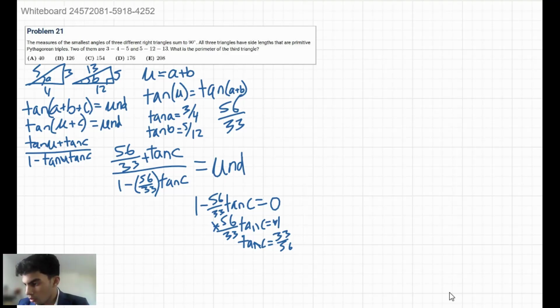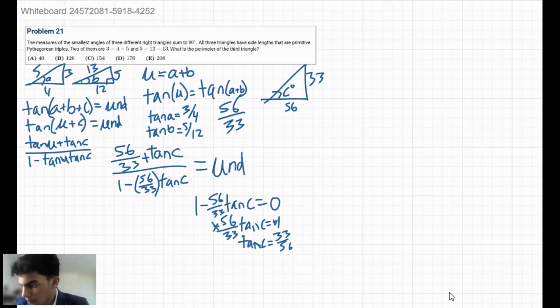Okay, so now let's go back and draw our right triangle. So if we call this C degrees, and the tan of that angle is 33 on 56, that means the opposite would be 33, the adjacent is 56, and provided that the hypotenuse is an integer, that would be a Pythagorean triple.